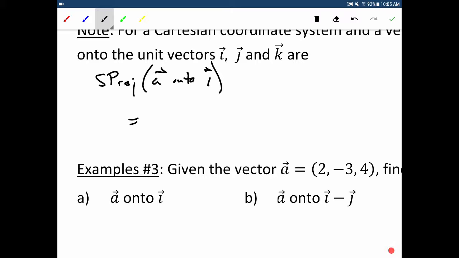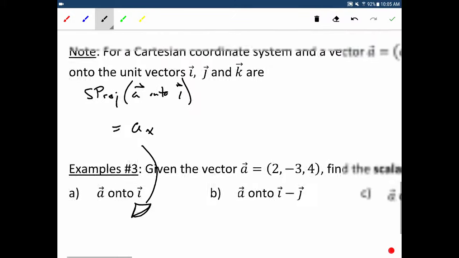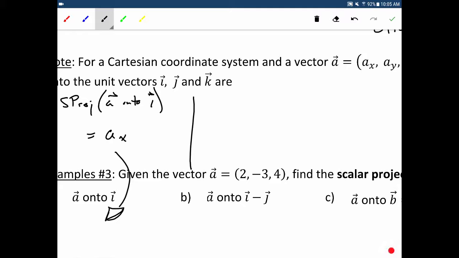It's only projecting that x component, so it's just going to give me ax. So in other words, what they are is just ax, ay, and az, respectively. Those components project onto the different unit vectors.